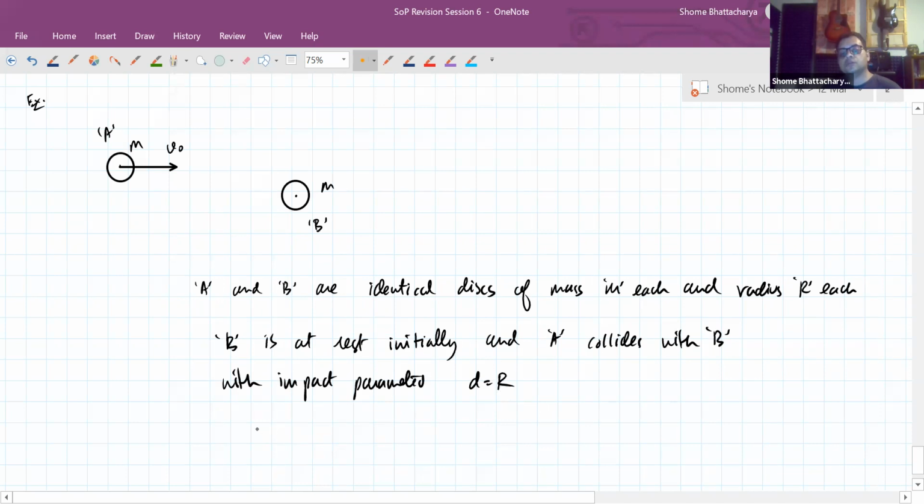So if the coefficient of restitution is 0.5, we have to find the velocities of A and B just after impact.